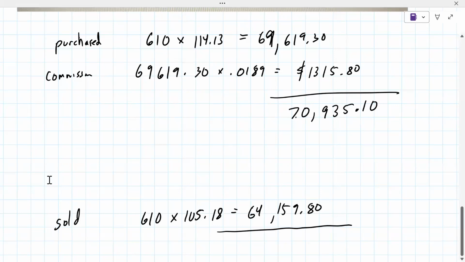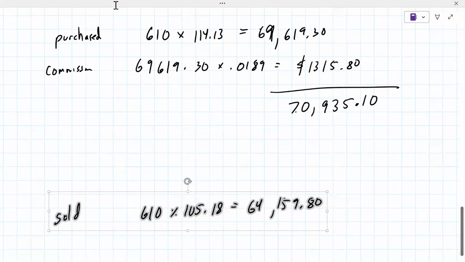Is that okay so far? There's more to do, but you purchased it for that amount and had a commission of this amount, so the person had to have this much money.